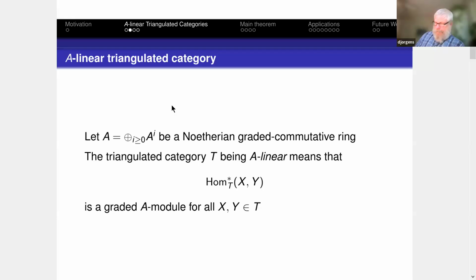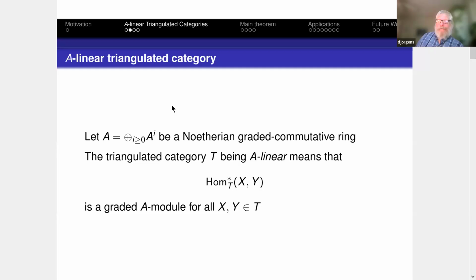So I want to focus on special types of triangulated categories. These are the ones that I call A-linear. So what is A? I'm assuming A is a Noetherian graded commutative ring, non-negatively graded. And I'm going to be assuming that our triangulated category is what I call A-linear.